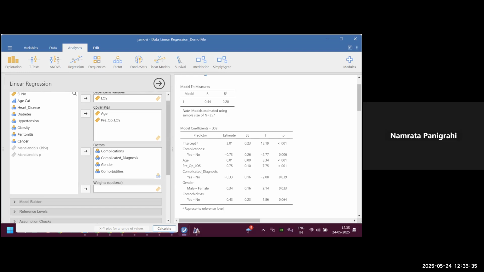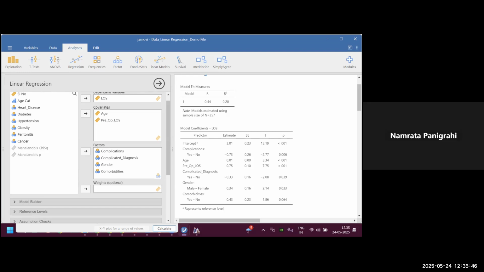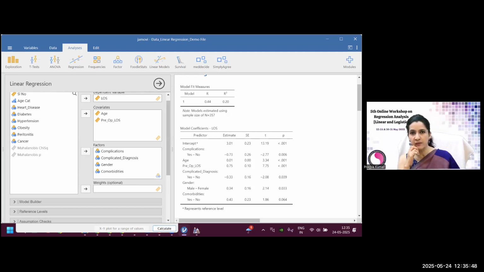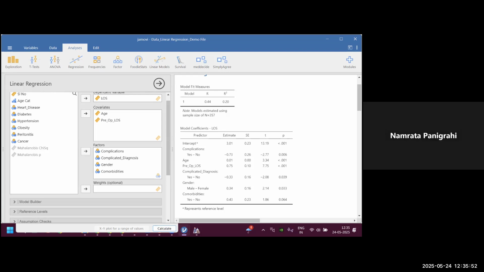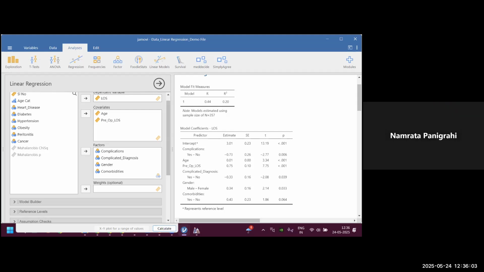You cannot say positive or negative. That's the underlying phenomenon behind. Because of that interaction, the mean which you are seeing is not the effect of that variable alone, but another variable is also playing a role. Okay.